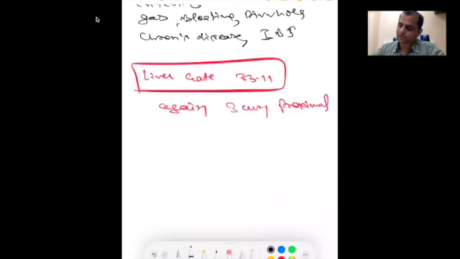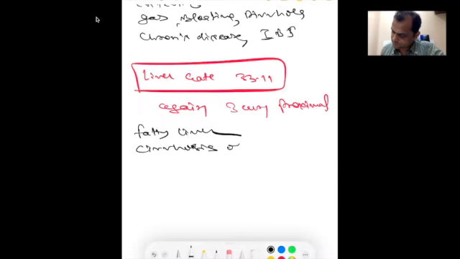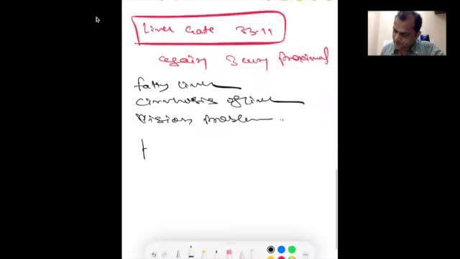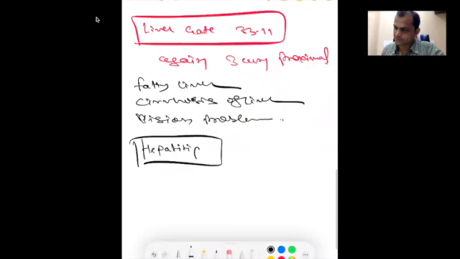This point is very good for multiple problems connected with the liver, like fatty liver, cirrhosis of the liver, and vision problems, because vision is connected with the liver. It is also excellent for hepatitis, because hepatitis means liver disorders.